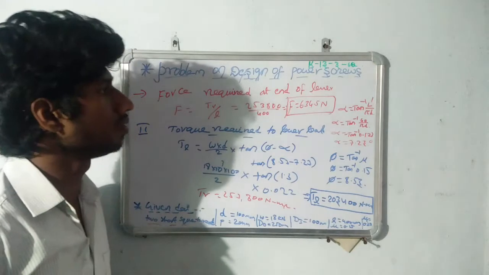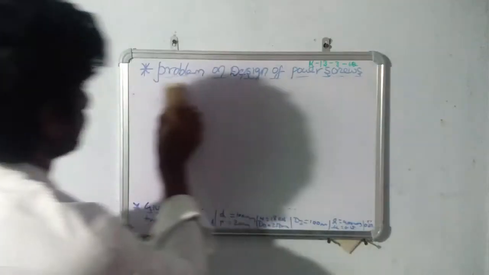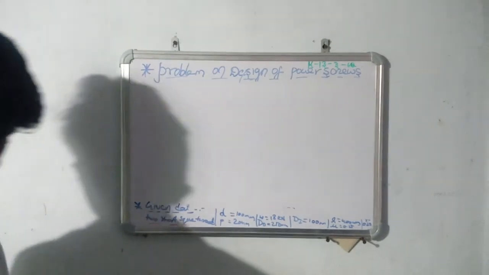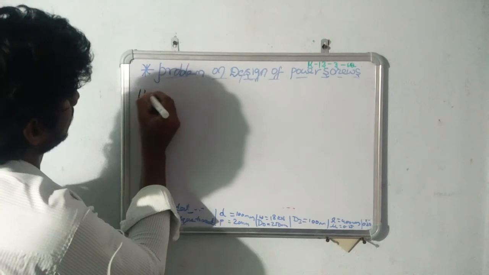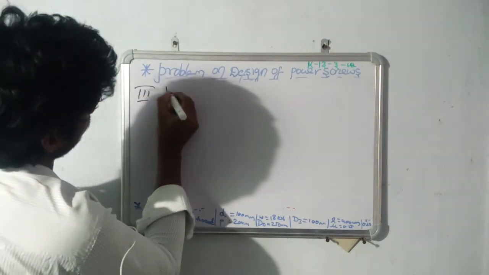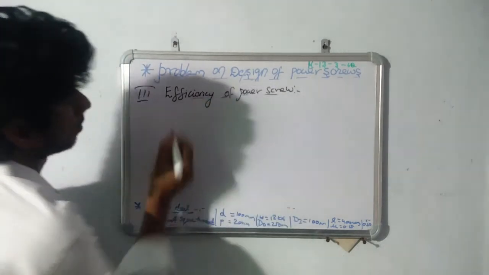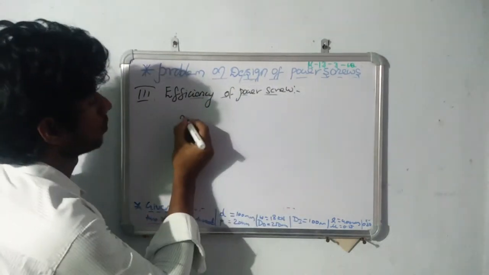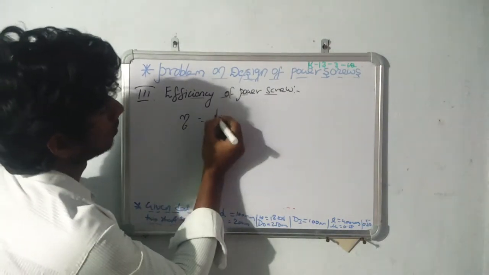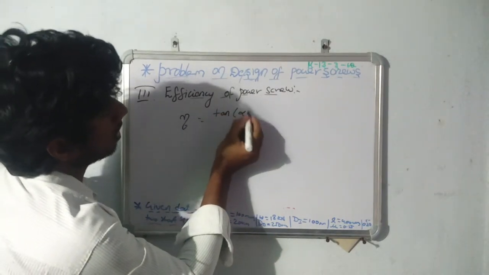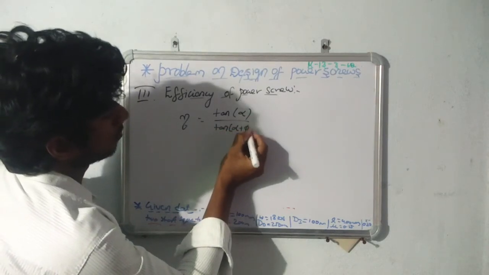Next we are going to find out the efficiency of the screw. This is the third one. The efficiency of the screw, eta, is equal to tan alpha divided by tan of alpha plus phi.